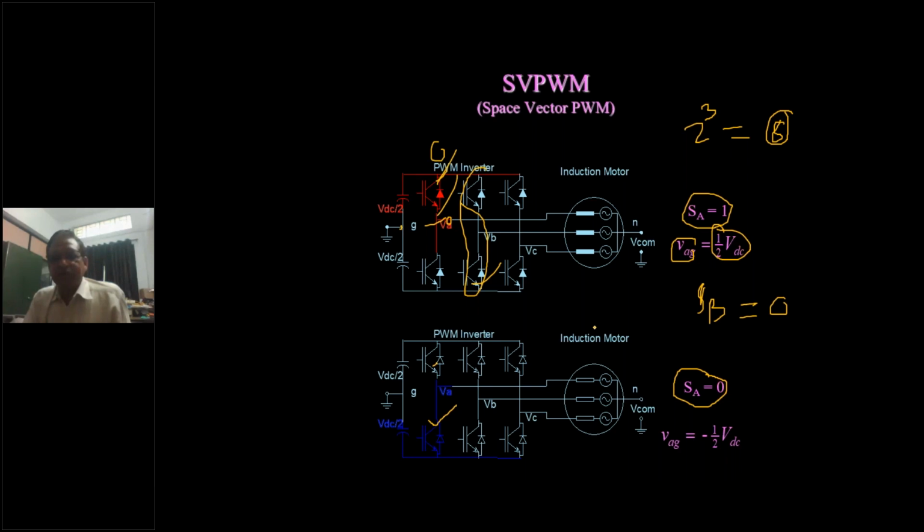And when the lower switch is on, SA equal to 0, the output voltage is negative, with respect to the DC midpoint. So when SA equal to 1, output voltage is plus VDC by 2. When SA equal to 0, output voltage is minus VDC by 2.